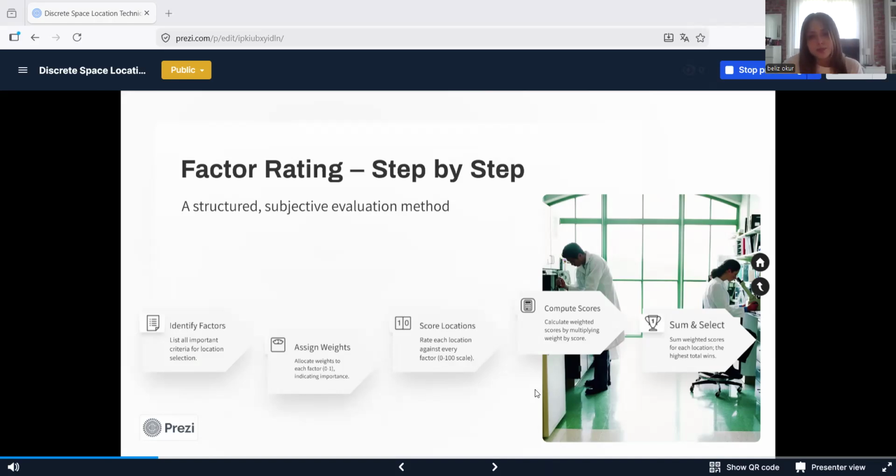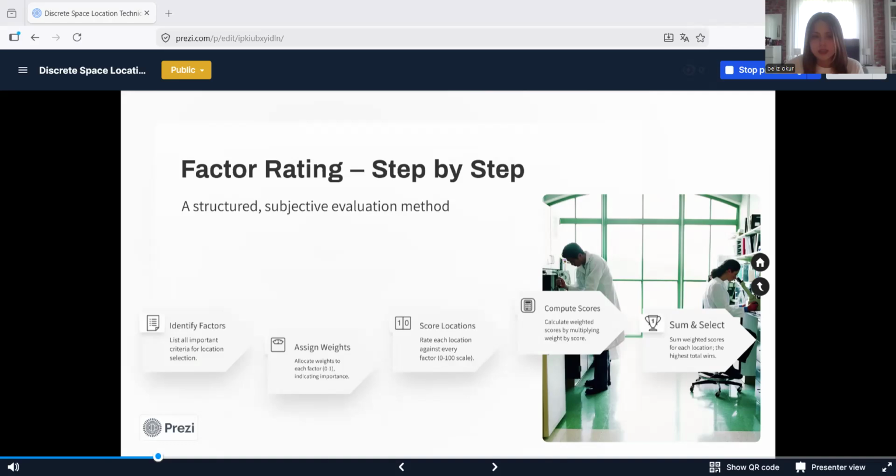Give each factor a weight between 0 and 1 based on how critical it is. Score location rates every candidate location against those factors, usually on a scale of 0 to 100, and then compute, multiply the scores by weight to get weighted scores, and sum and select, add them all up, the highest score wins.